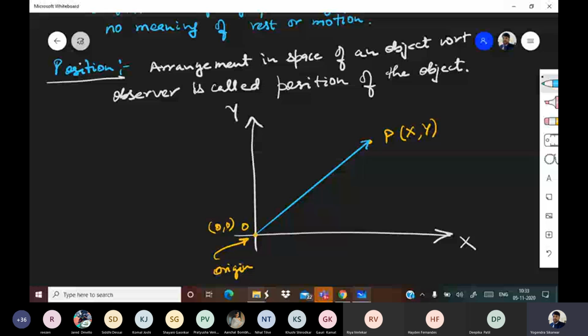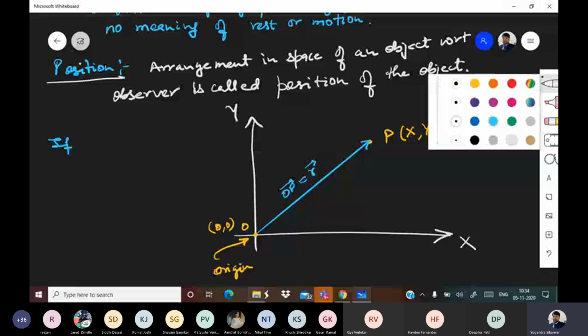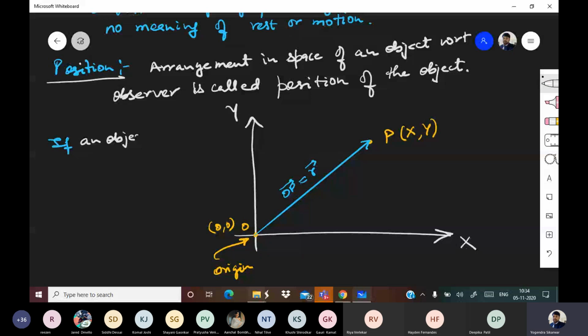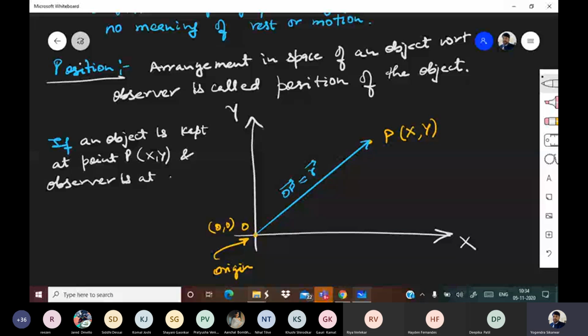OP is the position of point P with respect to O. So if an object is kept at point P (x, y) and the observer is at O (0, 0), then the position of P with respect to O will be the R vector, which is equal to the OP vector.